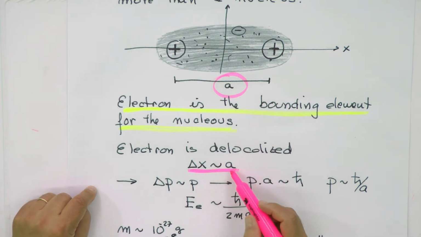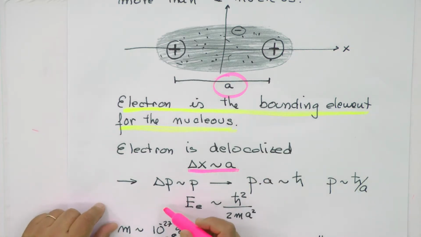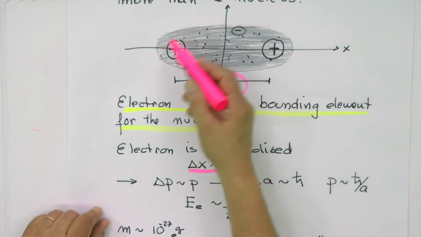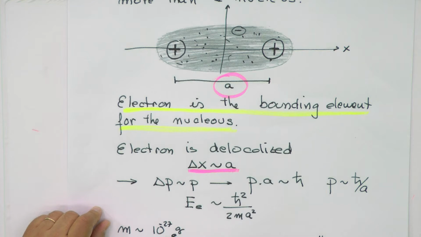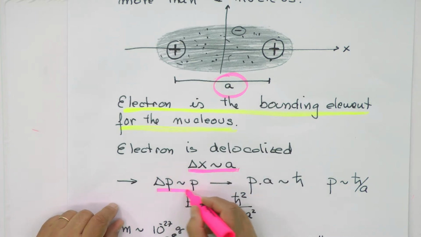If the delocalization of the electron is A, and we consider this as the minimum energy, then there is a kind of uncertainty on the localization. And this uncertainty is exactly the space, more or less, occupied by the electron. But as I said, we are in the minimum energy, so there is also an uncertainty in the momentum.